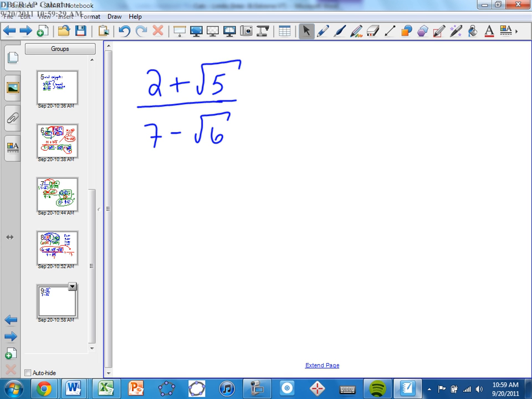Get the numerator, guys. You can't just send it.